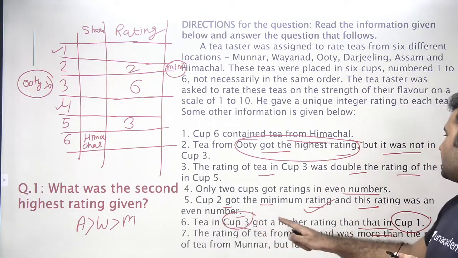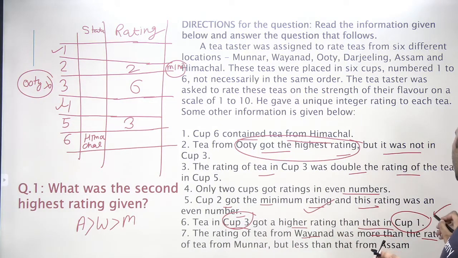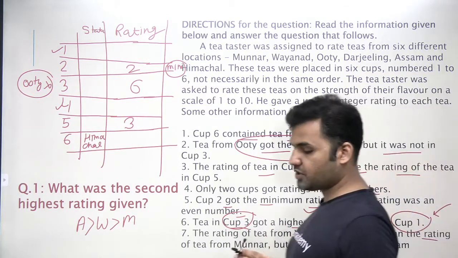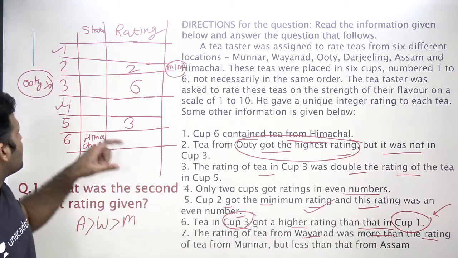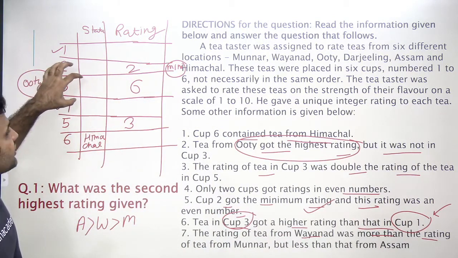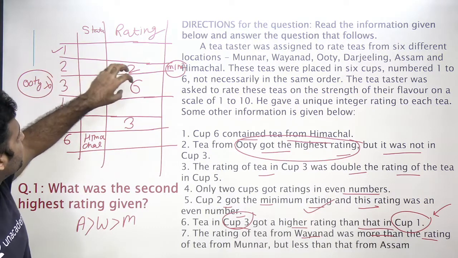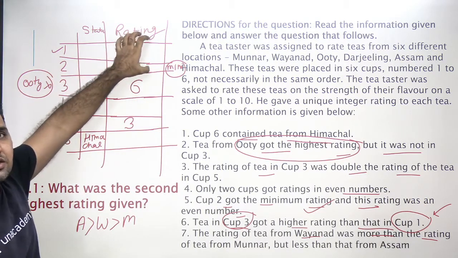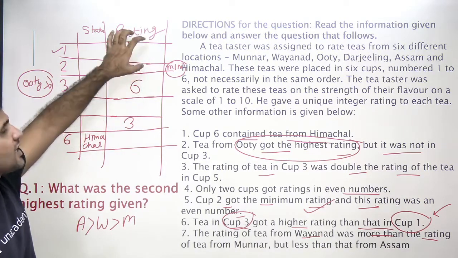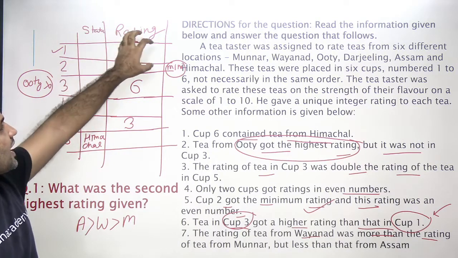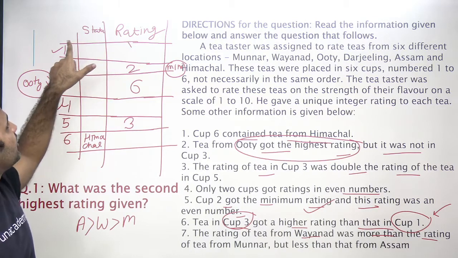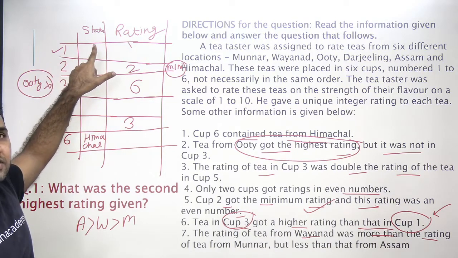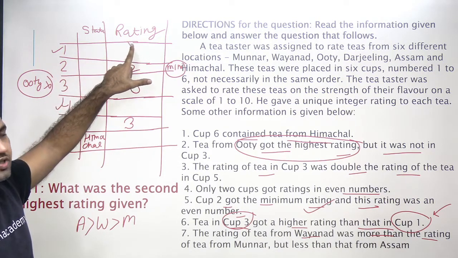Tea in cup number 3 got a higher rating than in cup number 1. Now you see that this information can tell you tea from Ooty got the highest rating, and Ooty is not in cup number 3, and rating of 3 is more than the rating of 1. So if rating of 3 is more than rating of 1, that means one cannot have a tea from the state Ooty, because if cup number 1 has the tea from the state Ooty, the rating has to be highest, which is not possible.